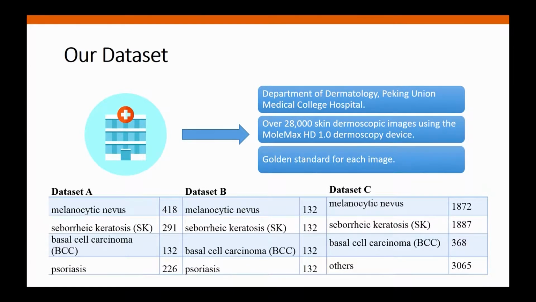We actually have three separate experiments using three different data sets.